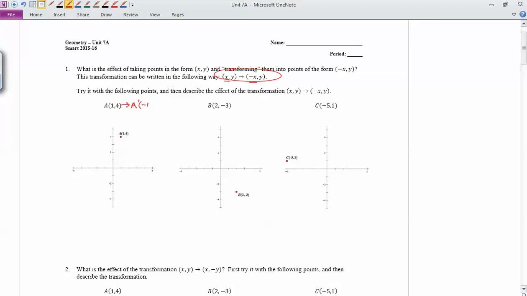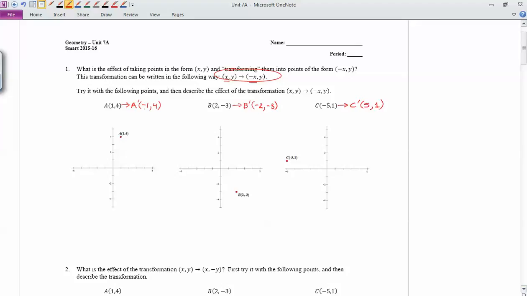I'm just going to change the sign of the x and keep the y the same. In B, same deal, B prime, I'm going to change the sign of the x coordinate, negative 2, and the y stays the same. And then C prime, I'm going to change the sign of the x coordinate, so that becomes positive 5, and then the y stays the same.